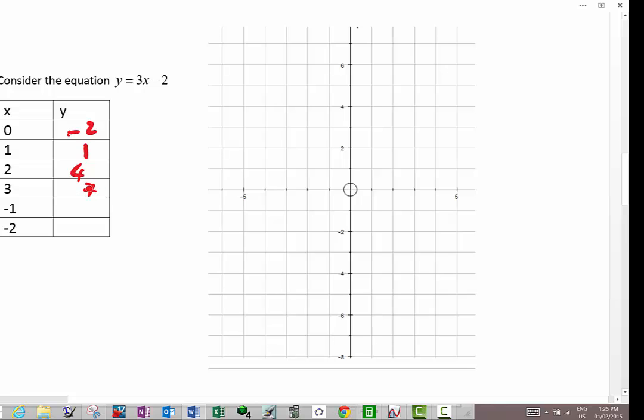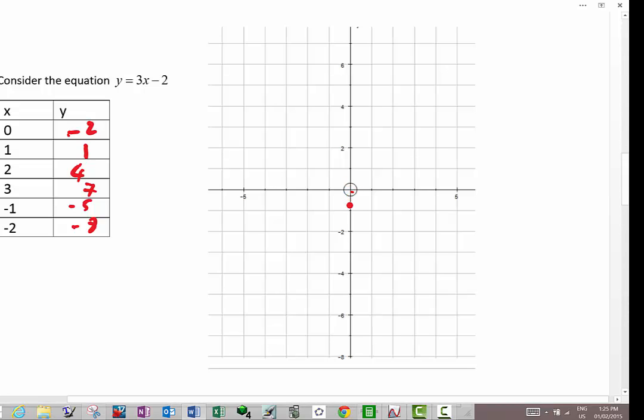We'll also have a look at a couple of points on the negative x. So when x is negative 1, the y coordinate is 3 times negative 1, which is negative 3, subtract 2. And when x is negative 2, 3 times negative 2 is minus 6, subtract 2. So here we have a number of coordinates for these points that we can plot.